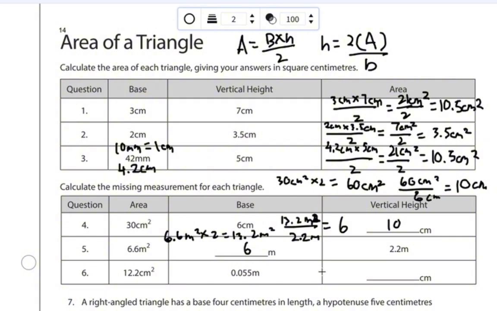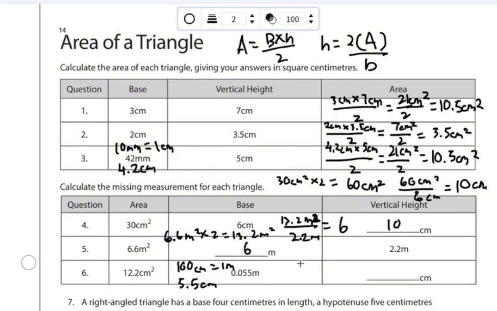Now for question 6, we will need to convert the m into cm. So 100 cm will equal to 1 m. So we will just need to take 0.055 m multiplied with 100. So this would be 5.5 cm.